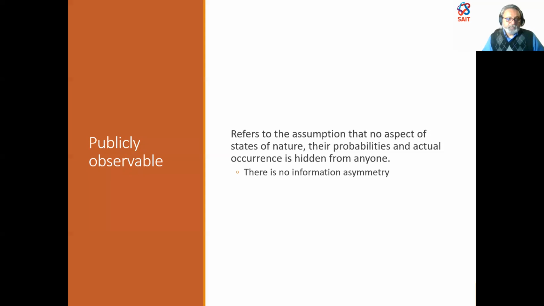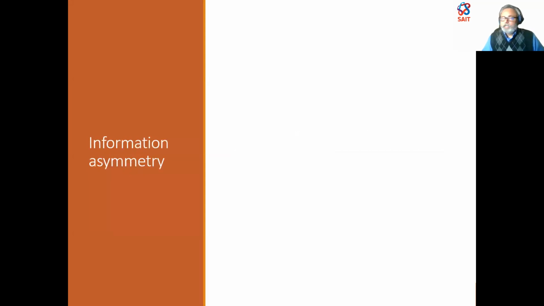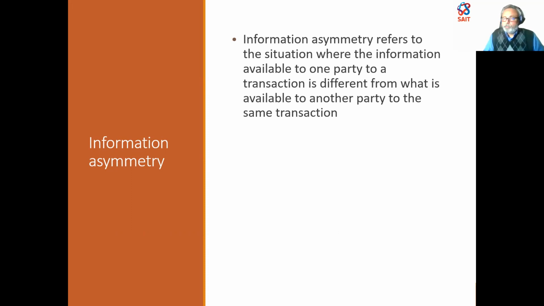So that means there is no information asymmetry, and information asymmetry is ultimately the beast that needs to be tamed. Information asymmetry, as a reminder, is the situation where the information available to one party is different from what is available to another party to a contract.